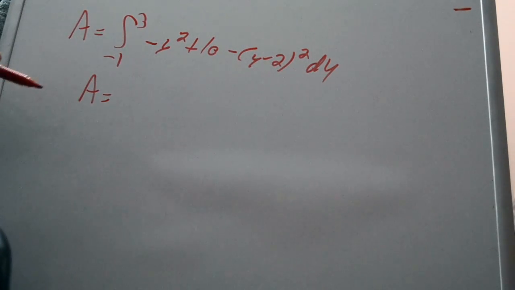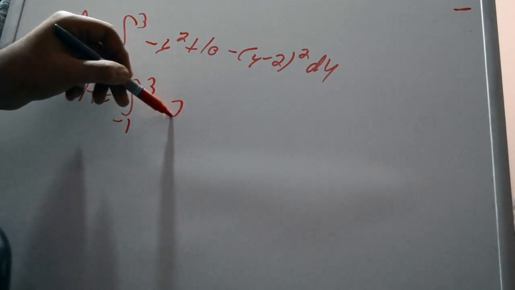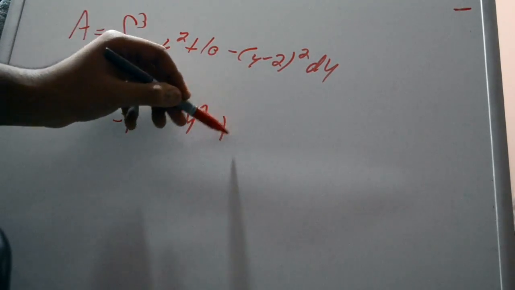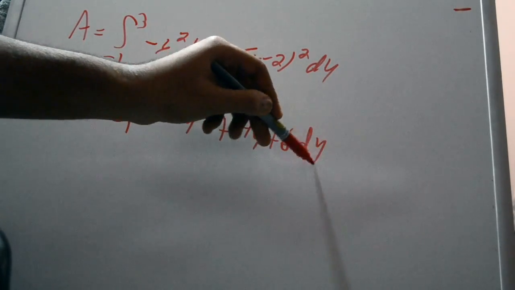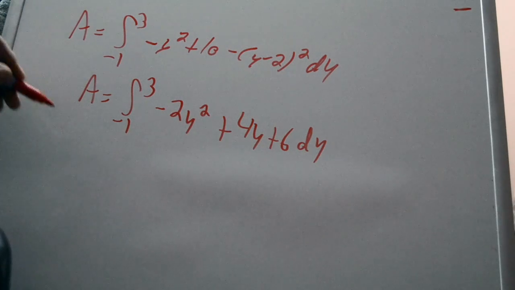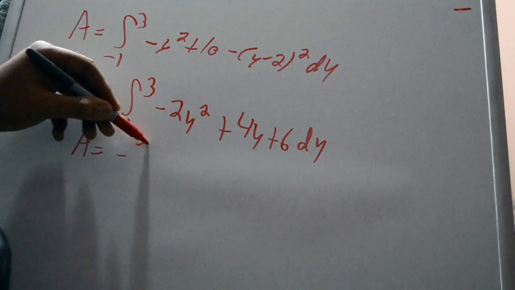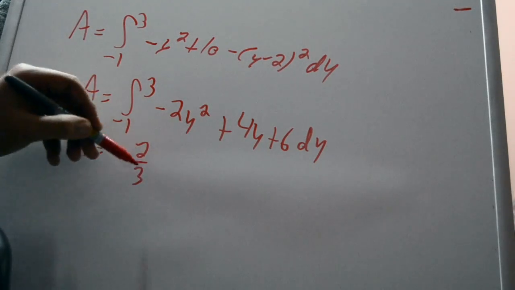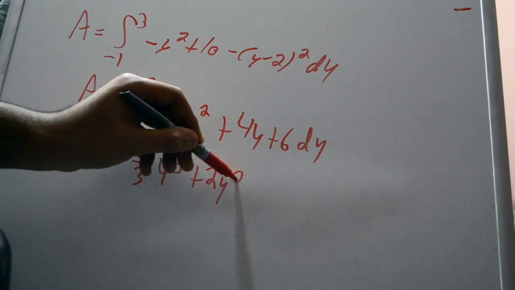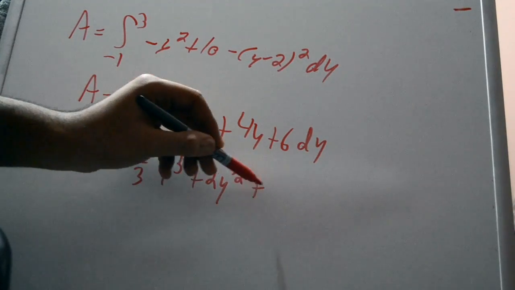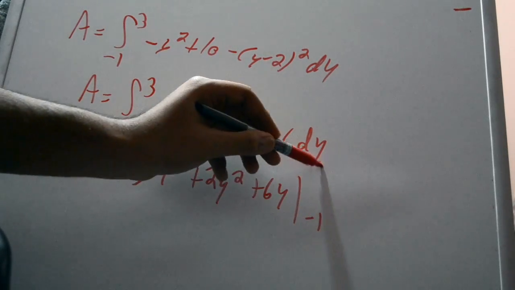You eventually will get a polynomial of negative 2y squared plus 4y plus 6 dy, and when we integrate we will get area of negative 2 over 3 y cubed plus 2y squared plus 6y from -1 to 3.